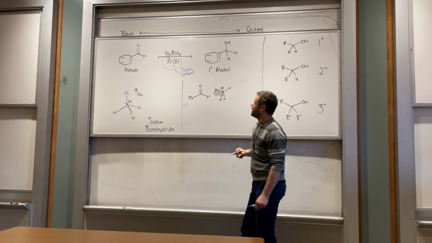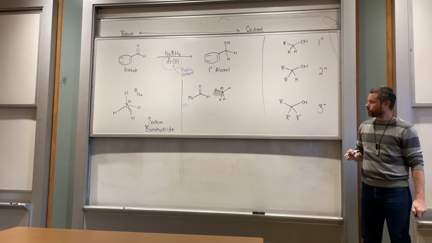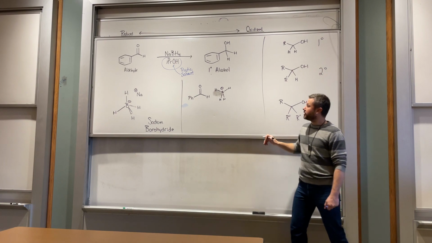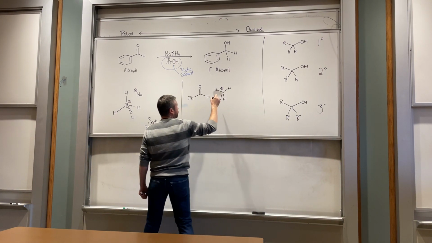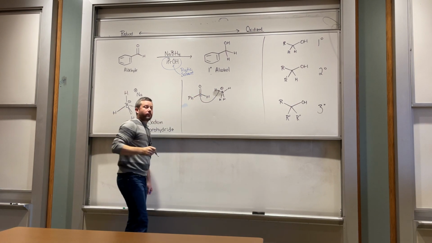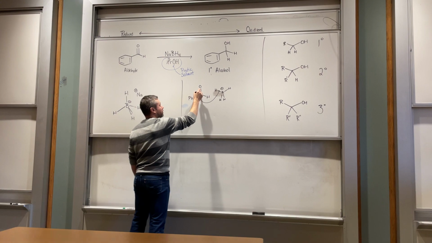All right, let's go over the mechanism really quickly, see what's going on. Okay, so we have our aldehyde and we have our borohydride. Whenever we draw the mechanism, we're going to draw the arrow through the boron-hydrogen bond, and that's being added to the carbonyl carbon.